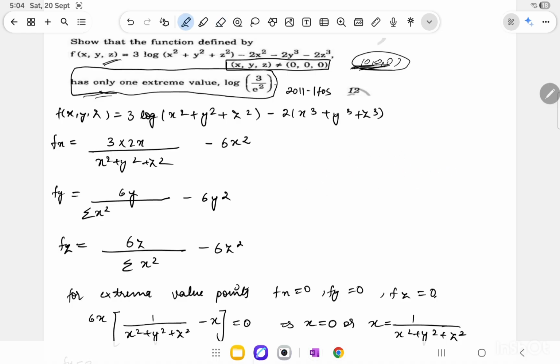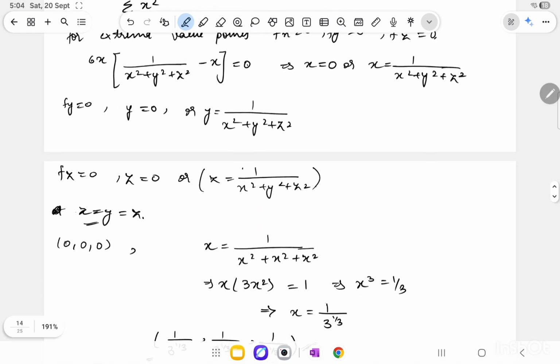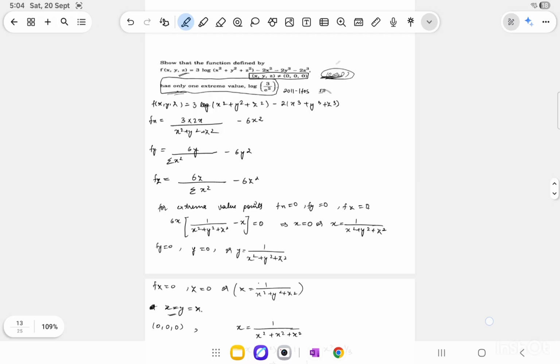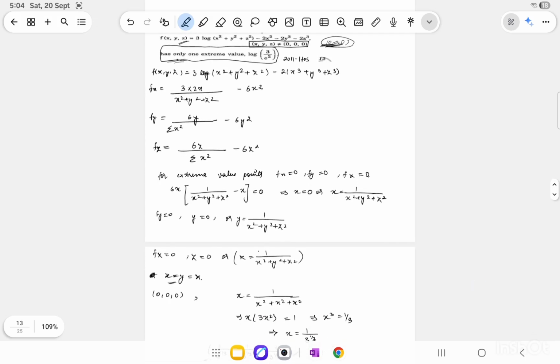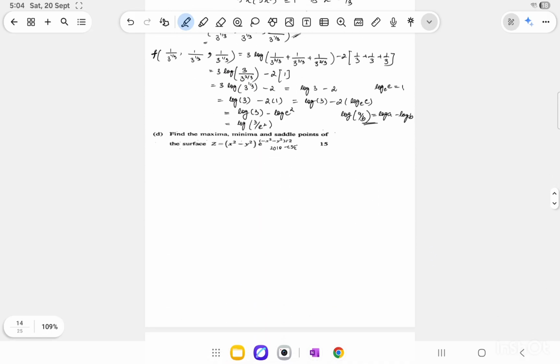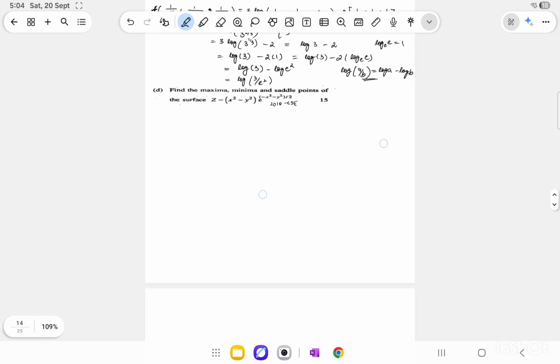This is in 2 dimensions, in 2 variables. In 3 variables we need to check this differently. So you can do that, or maybe you can leave it like this only, because this is the only point of extrema and it will achieve the extrema value at this point. So let's move on to the next question.